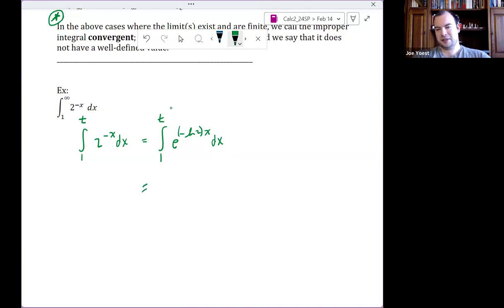I know that if I integrate this, I'm going to get e to the negative log 2 x. If I were to differentiate this, I get the same thing times the derivative of the top, so I get a negative log 2 out. So I need a negative 1 over log 2, going from x equals 1 to t. Or let me simplify this again: e to the negative log 2 x is 2 to the minus x.